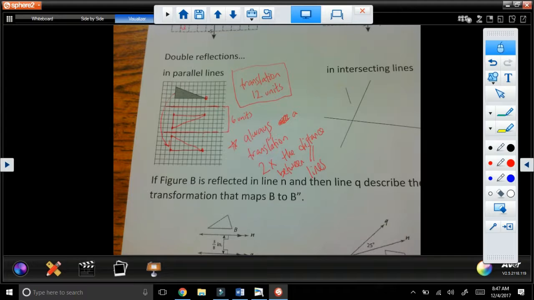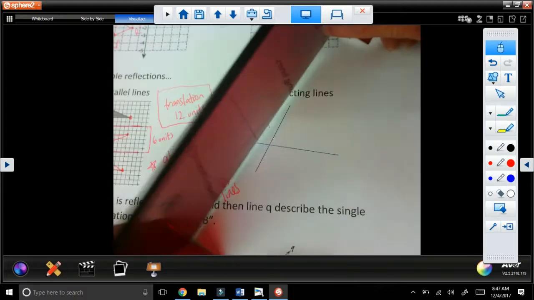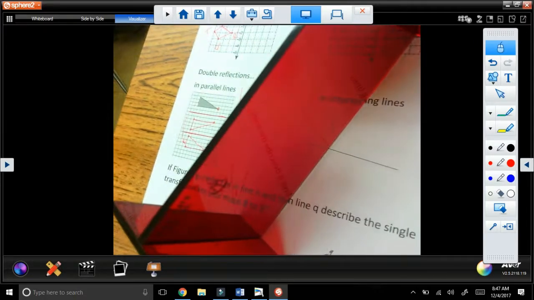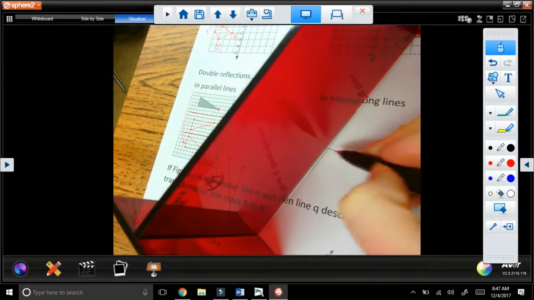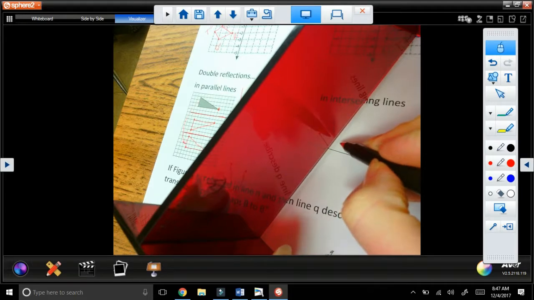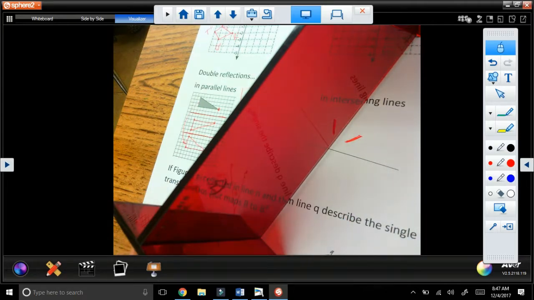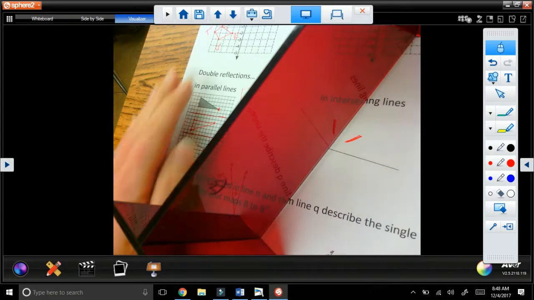Okay, the intersecting lines is a little different, and this is where I would use the mirror if I were you. See if I can get this on there so you can see it. Do your best. So there's the first reflection.